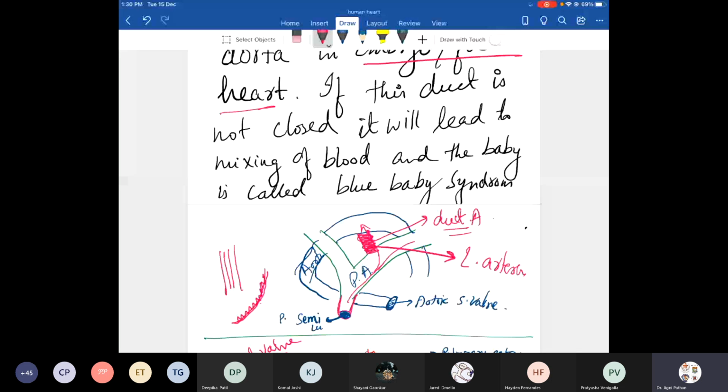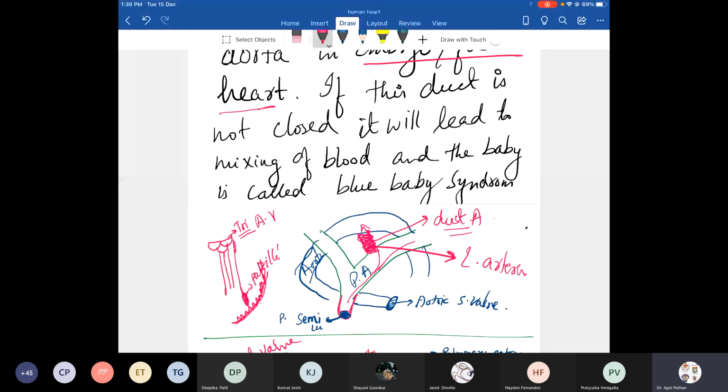These cords are attached to the papillary muscles on one side. On the other side, it is attached to the cusp. If this is tricuspid, on the other side it will be bicuspid. So on one side it is attached to the AV valve, that is bicuspid or tricuspid, and on the other side it is attached to the papillary muscle.